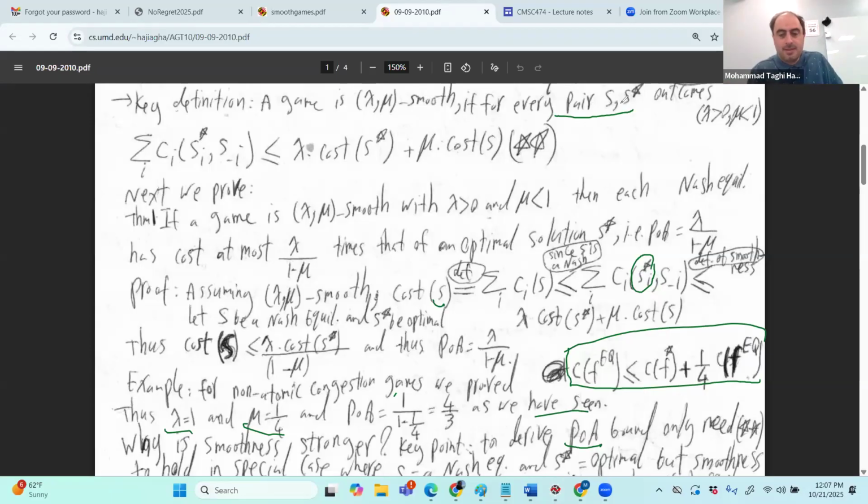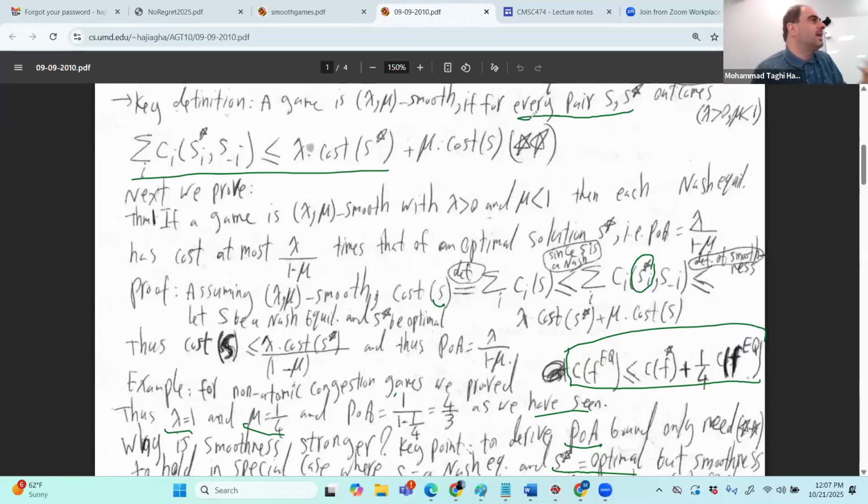So in some sense, for the price of anarchy, we only use the case that S star is equal to the optimum and S is a Nash equilibrium. However, smoothness for a game is defined for every pair of S and S star. So in some sense, it's a stronger thing.